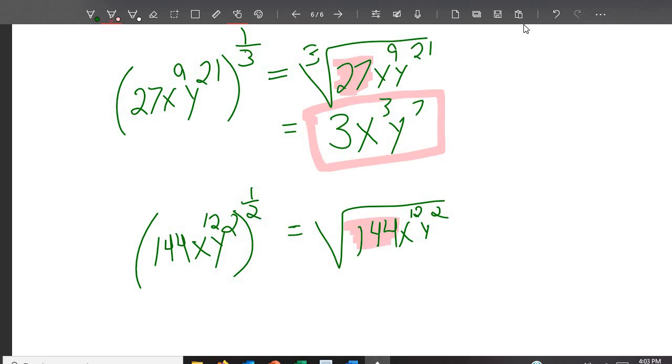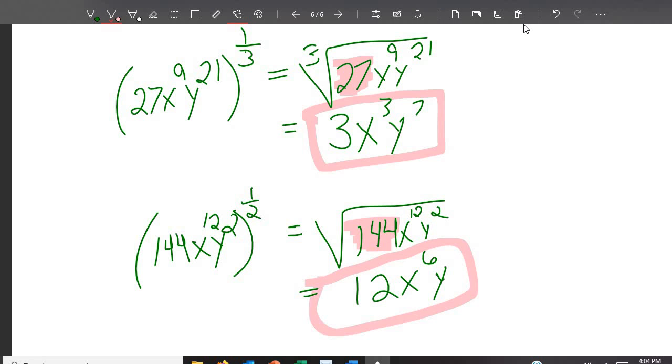Then we simplify it like normal. Square root of 144 is 12. Divide the exponents by 2. So if you see this on the test, which you will see, you put it under the root symbol, then simplify it like we've done in the past.